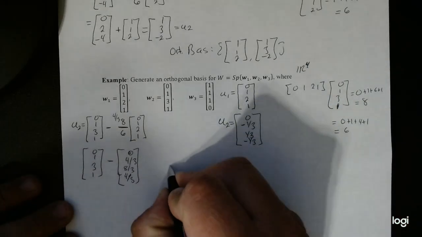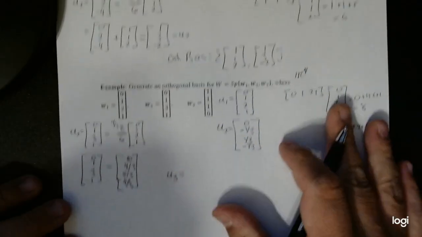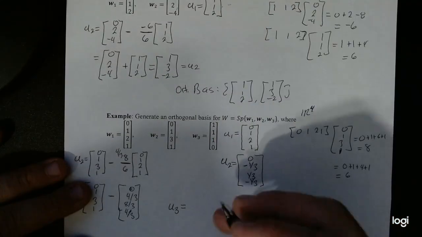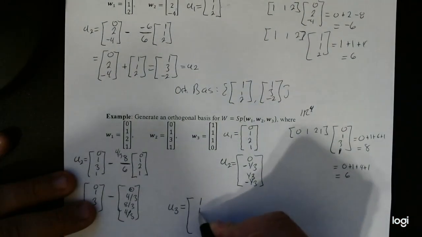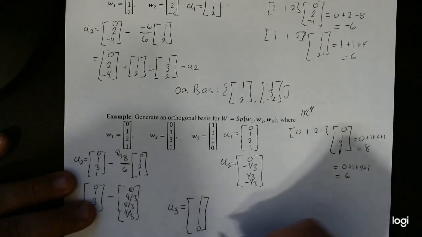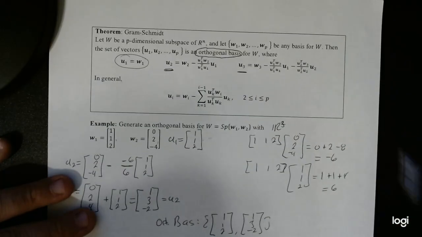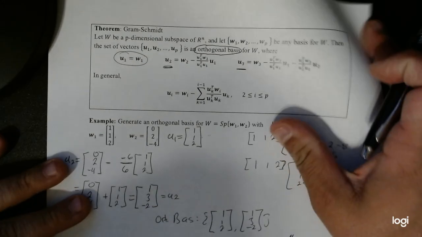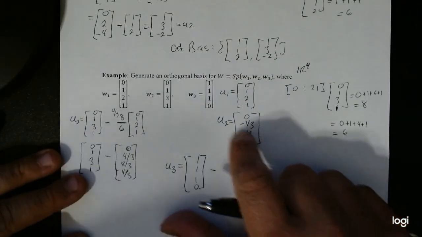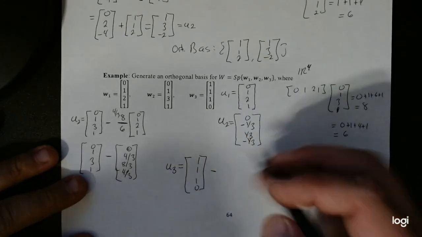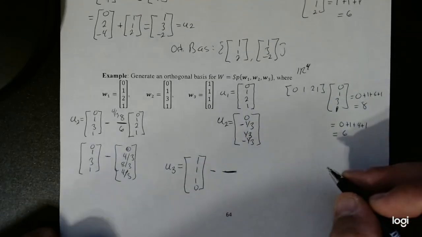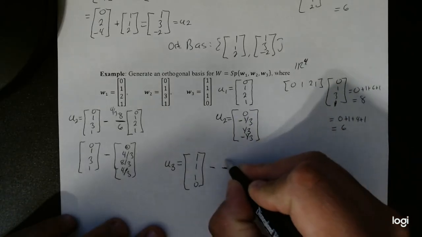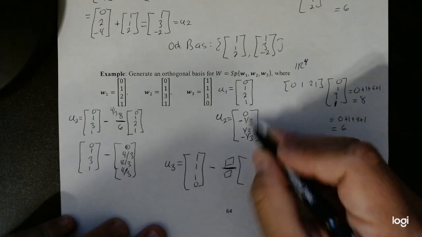Then to find the last one, we just follow this format. So W3 minus the transpose of now U2 with W3, this one with this one, divided by this transpose itself, this fraction with this fraction, and then times this one.